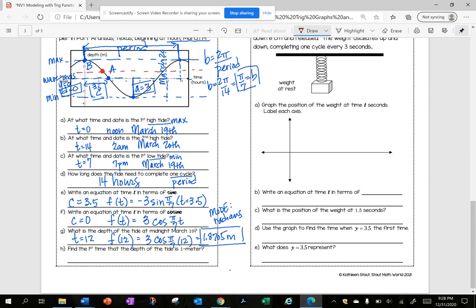In y1, I'm going to leave my cosine curve, 3 cosine pi over 7 times x, since it's x in the calculator. Then I'm going to write the horizontal line, y equals 1, and find the intersection.